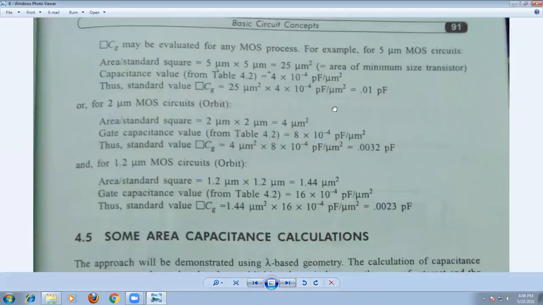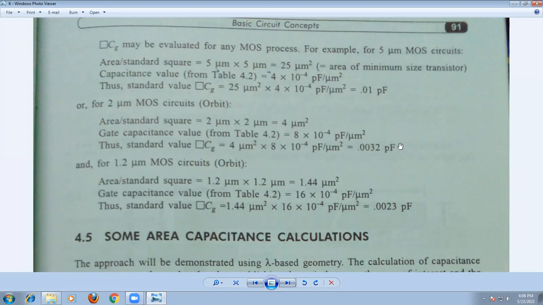Just observe here: in 5 micrometer technology, 1 square Cz is equal to 0.01 picofarad. Similarly, in orbit 2 micrometer MOS technology, 1 square Cz is equal to 0.0032 picofarad.